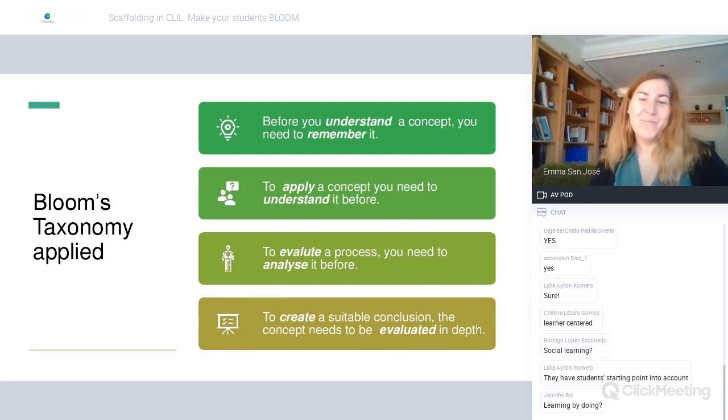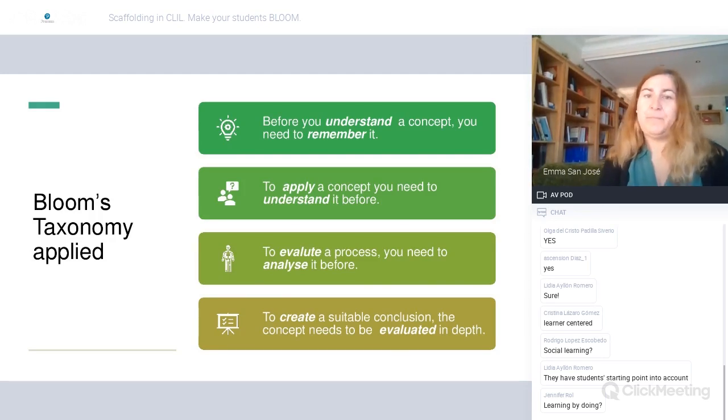Okay, so Bloom's taxonomy applied is basically this, okay? If you want to understand a concept, you need to remember it, okay? You need to have the information in your head. If you want to apply a concept, you need to have understood it before, because if you don't have clear information, if your ideas are not crystal clear about it, then that application is not going to work, okay?